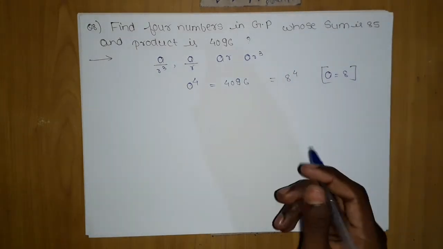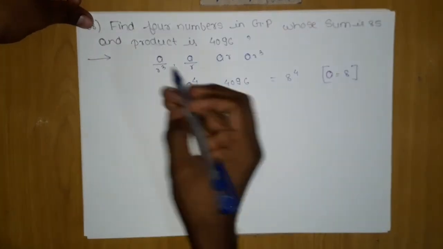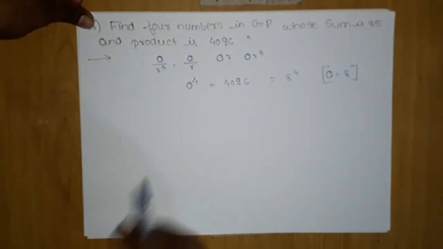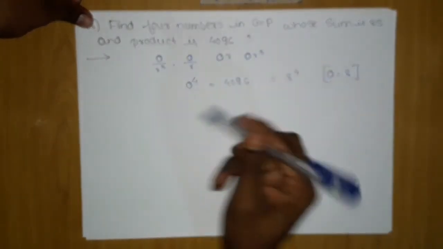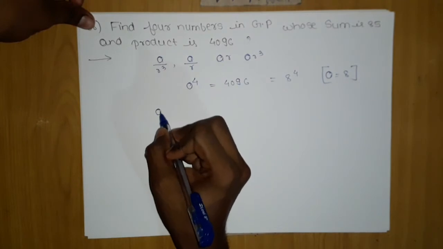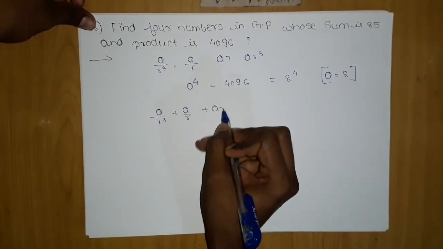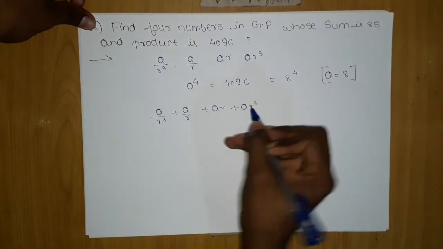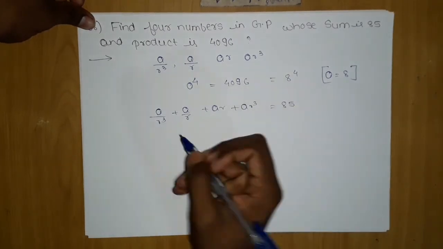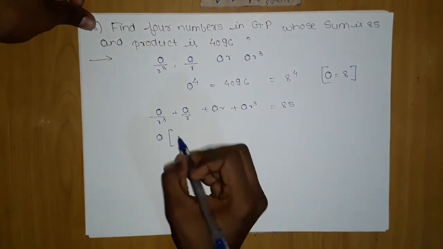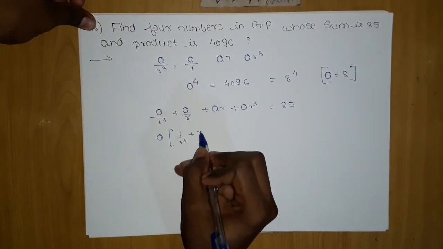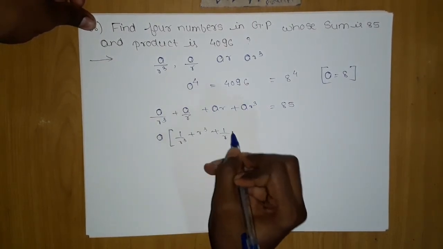Now how can we move further? Here it tells the sum of these terms. We got the value of a as 8, so a/r^3 + a/r + ar + ar^3 is nothing but 85. If I take a common, what do I have? 1/r^3 + 1/r + r + r^3.